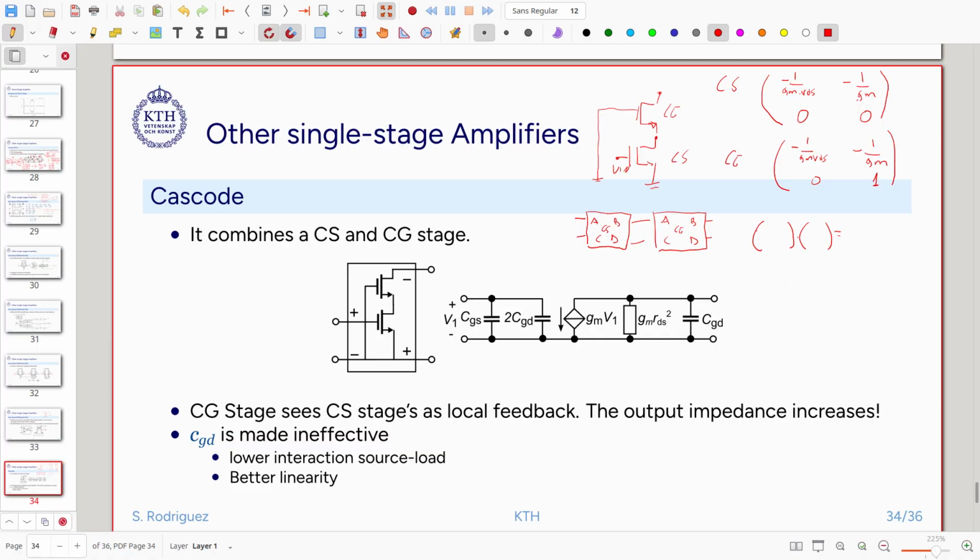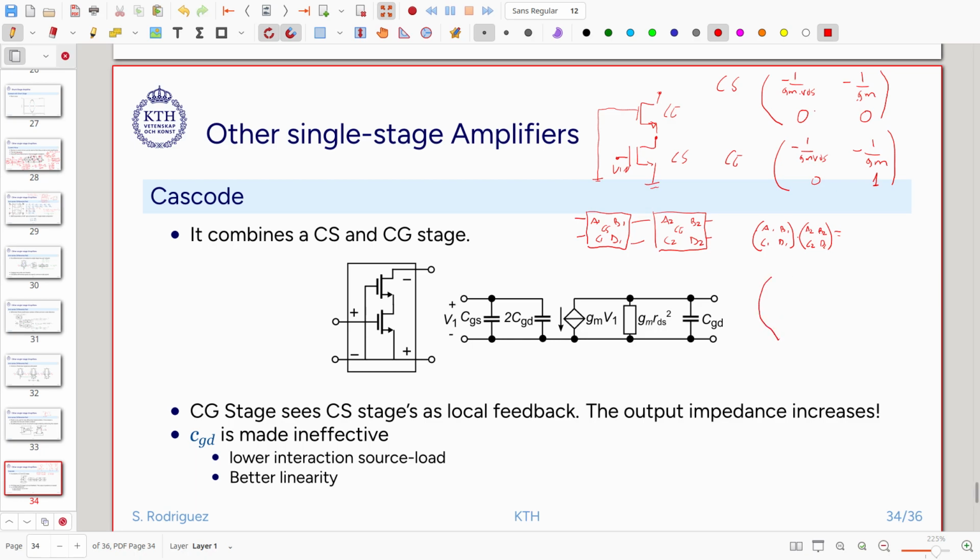So we will have A1, B1, C1, D1 times A2, B2, C2, D2, and then when we do this multiplication of matrices, let's see what will happen.